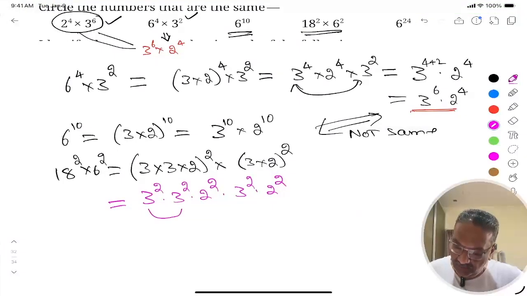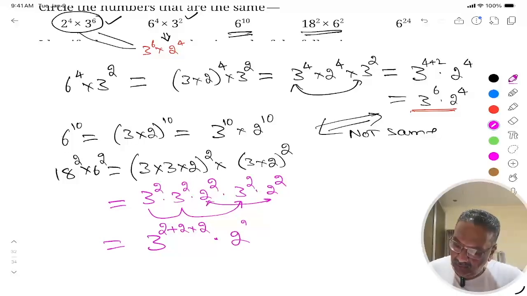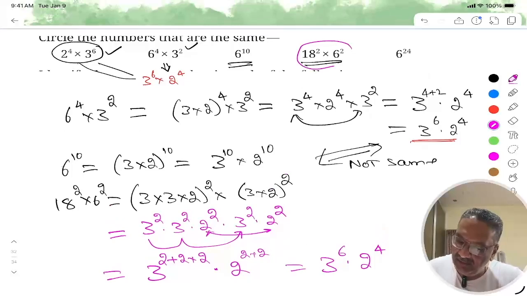Okay. So 1, 2, 3. So 3 to the power of 2 plus 2 plus 2 into 2 to the power of 2 plus 2, which is equal to 3 to the power of 6 into 2 to the power of 4. So this number is also equal to 3 to the power of 6 into 2 to the power of 4.